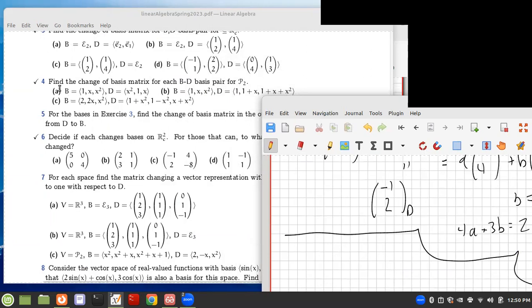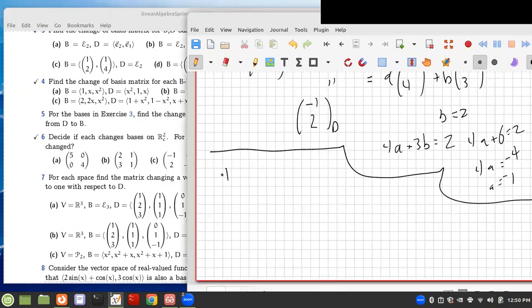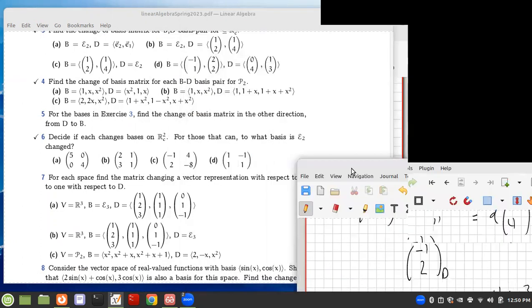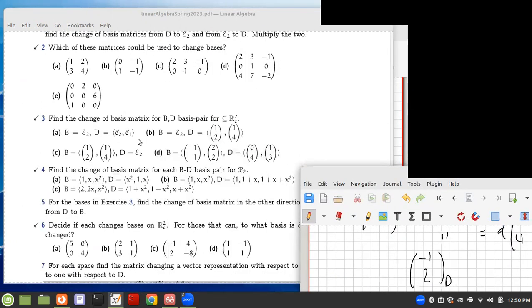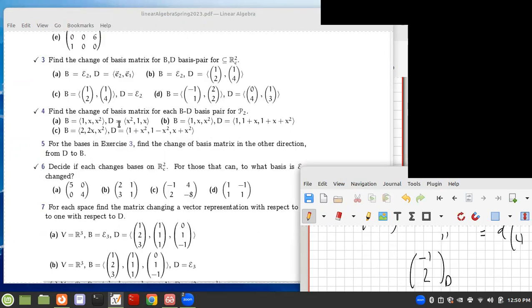Now, if you look at 4 here, you can see this is all polynomials, right? So this is the same problem as up here, but you're given polynomial vectors. In each case, remember, you're representing vectors by the coefficients. You're given the bases here.